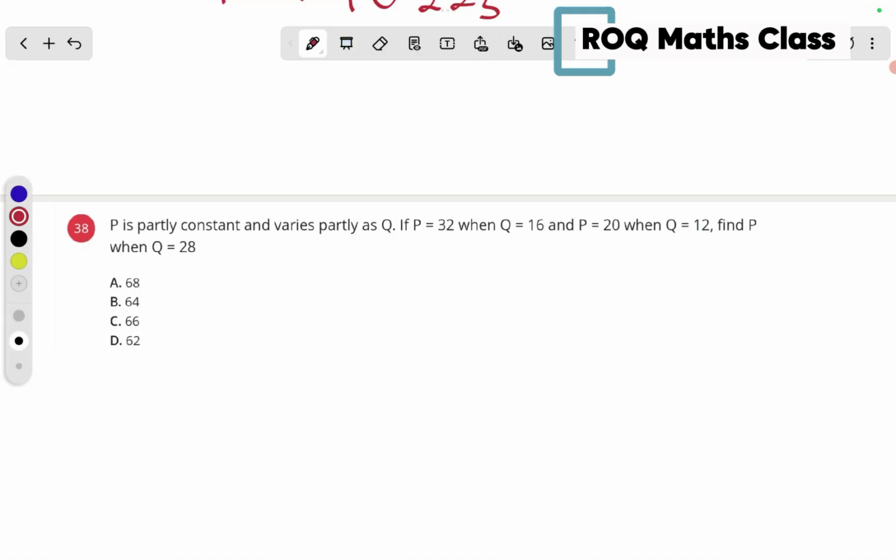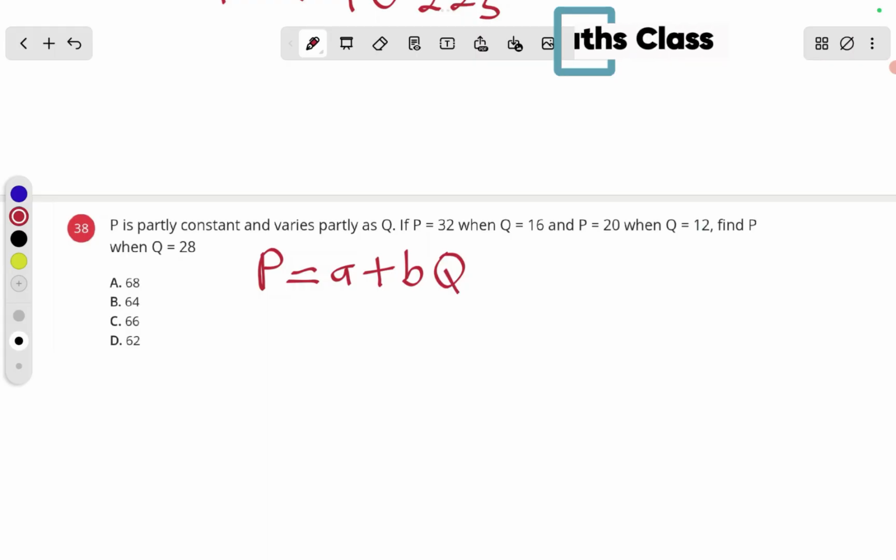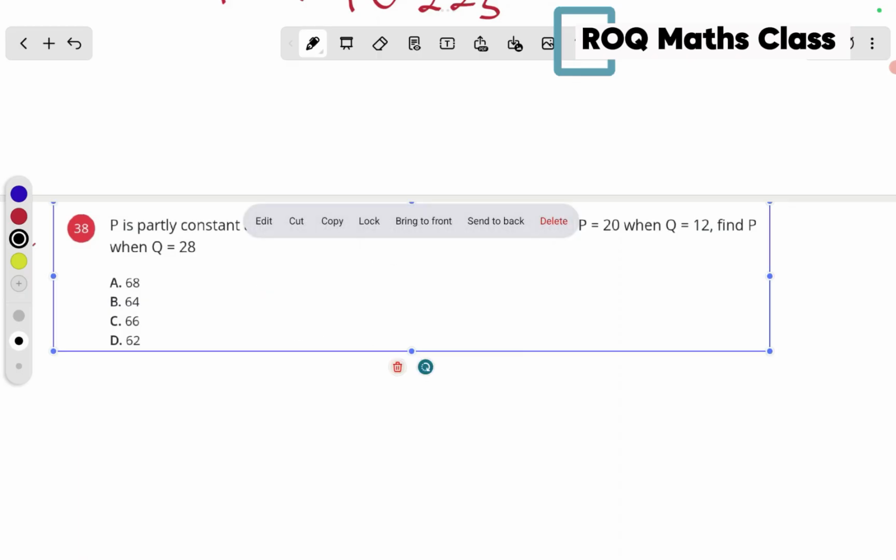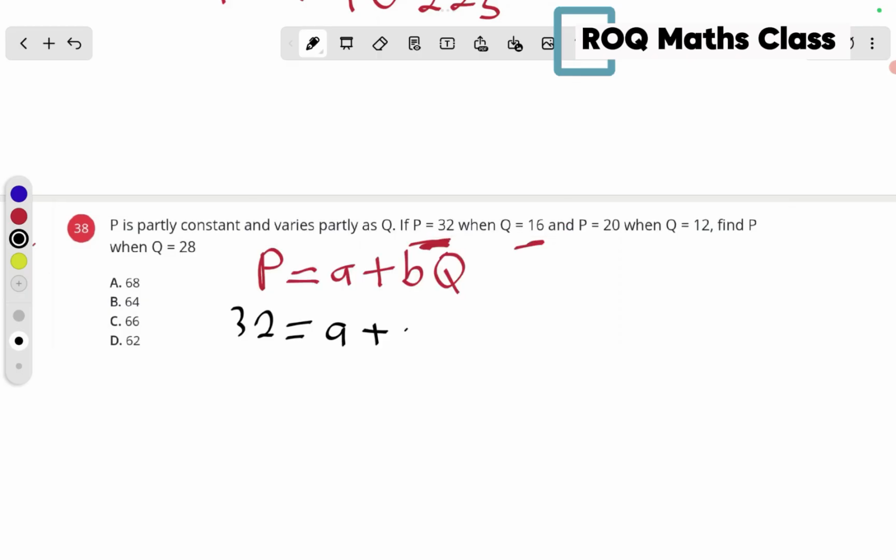Now we have to write the equation first, in which my equation is going to be P equals A plus BQ. Now the first thing that we have, if P is 32, Q is 16. So I'm going to have 32 equals A plus 16B.